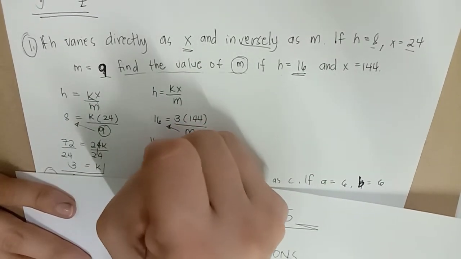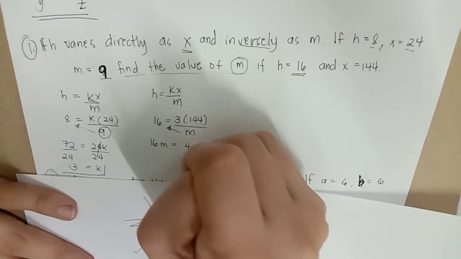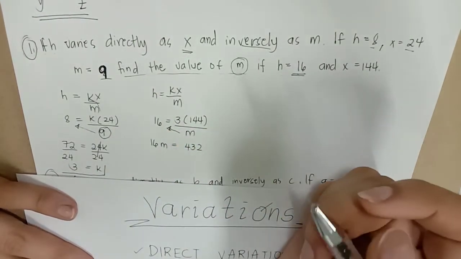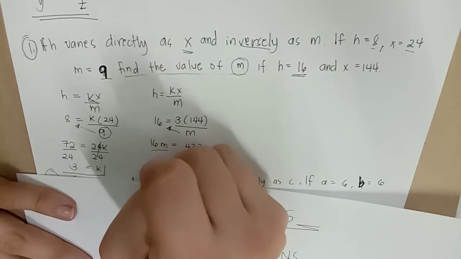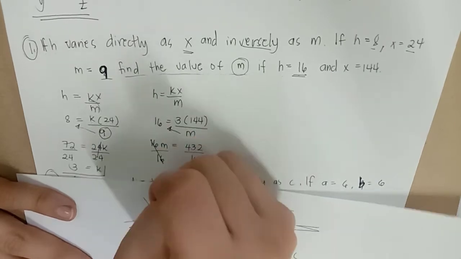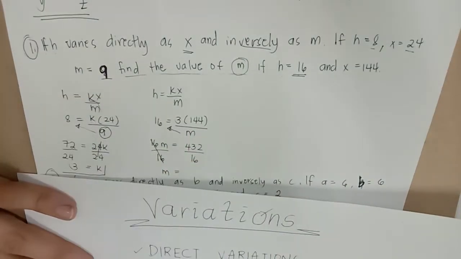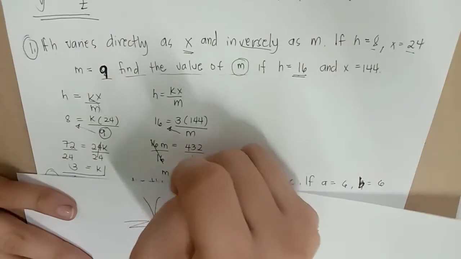So, 16m is equals to 3 times 144. So, answer for this is very good. 432. Divide both sides by 16 para makancel na po ito. Alright, so the value of m is equal to 27.